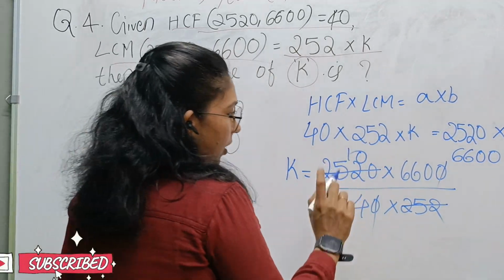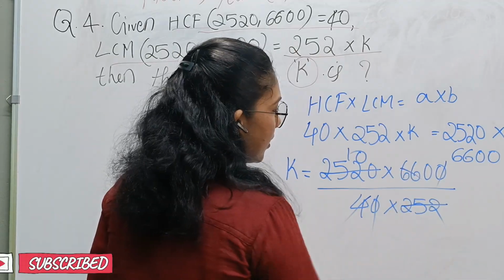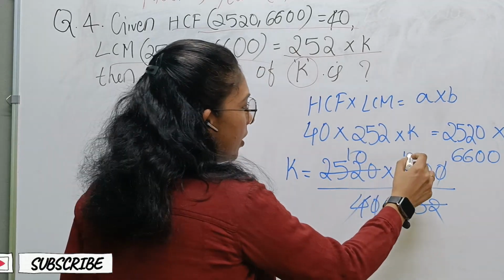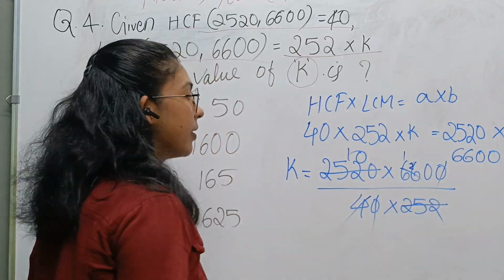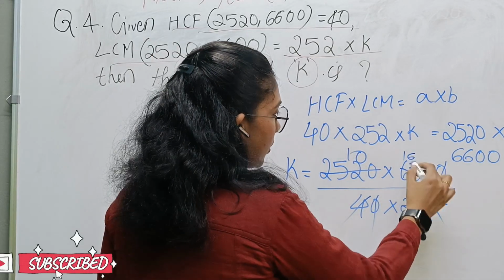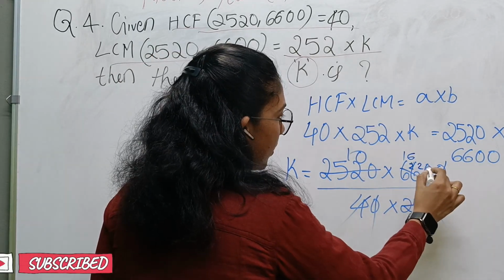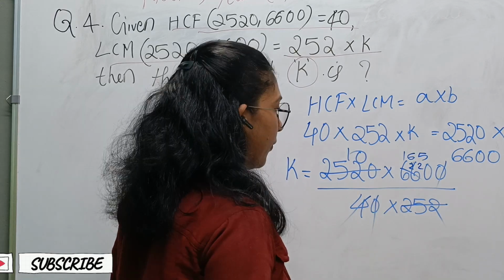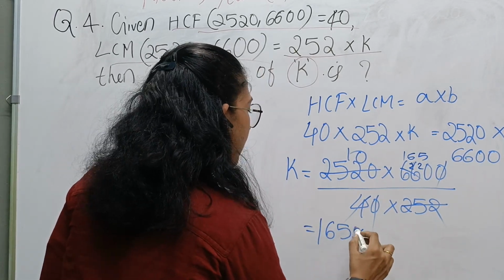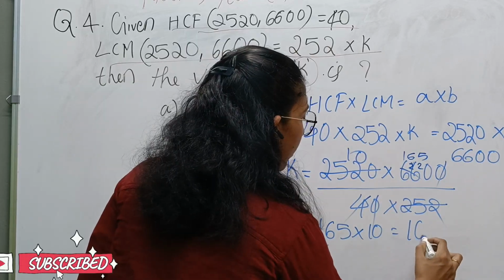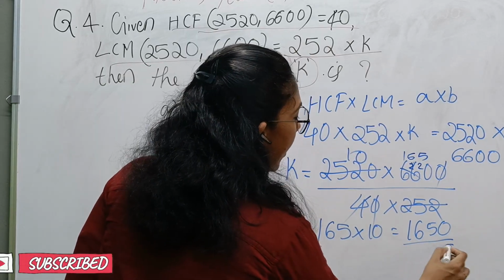Okay, yeah, then 4 is the 1, 4 is for 26. Here 26 is the 6, 4s are 24, remaining 2 is there, that is 20. So 5 4s are 20. So value of K is 165 into 10, which is equal to 1650.